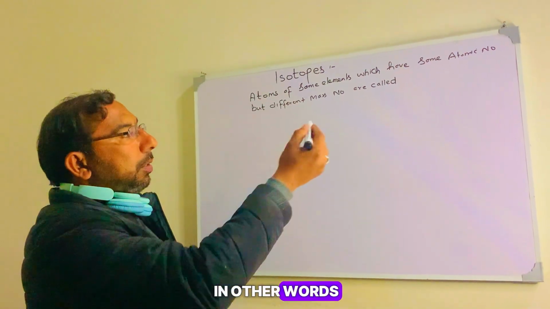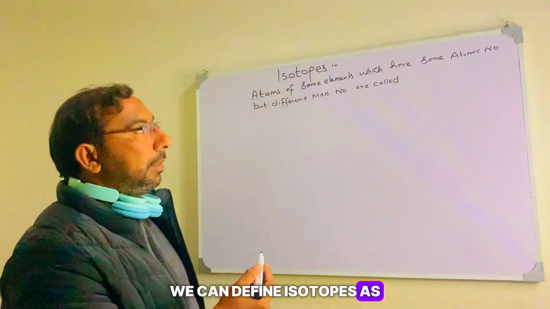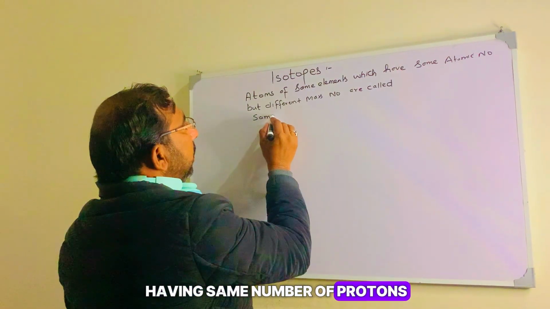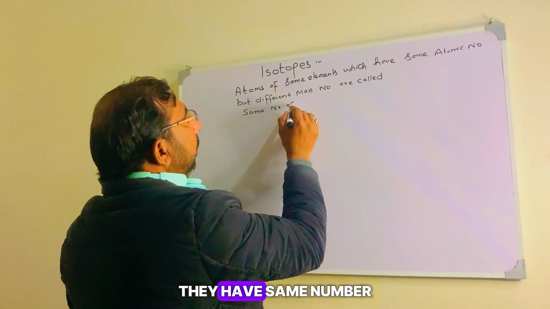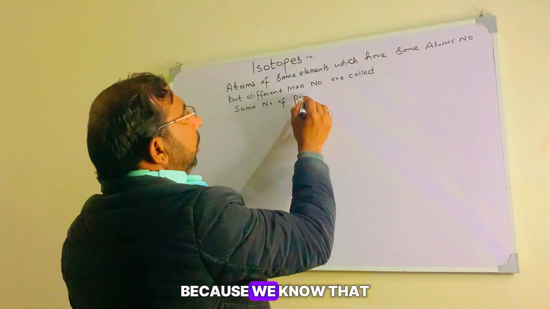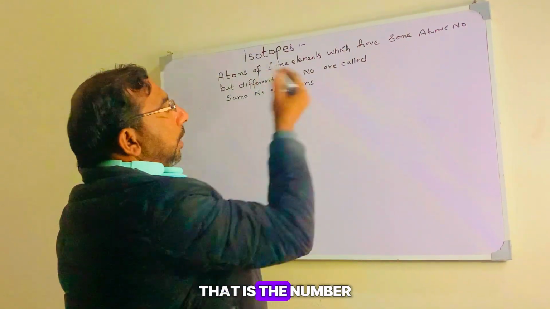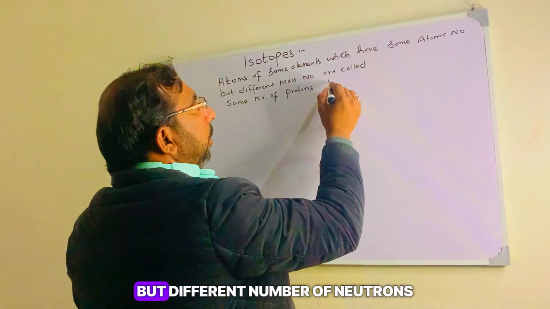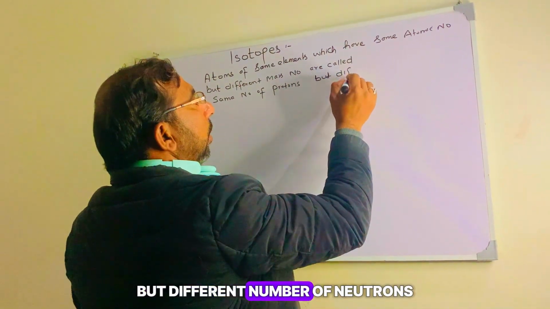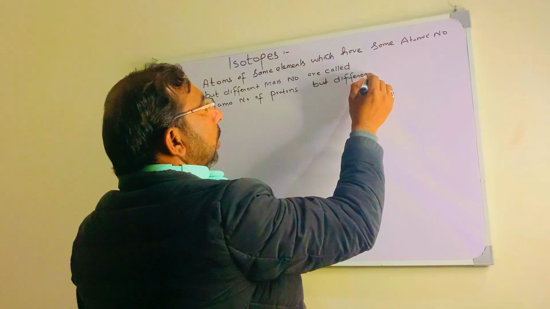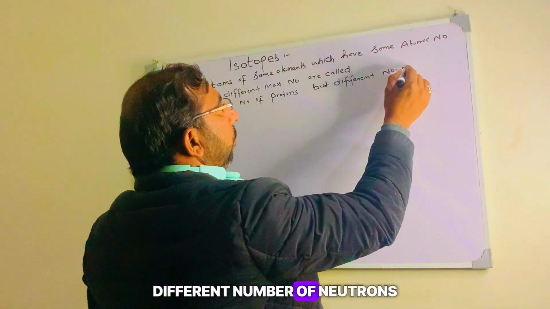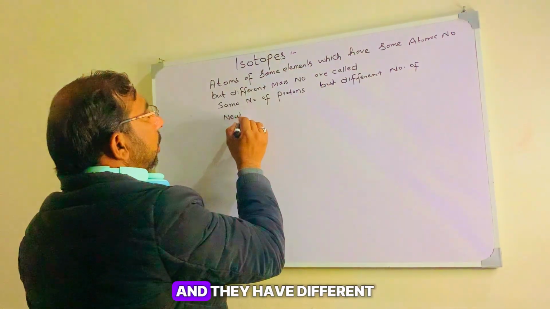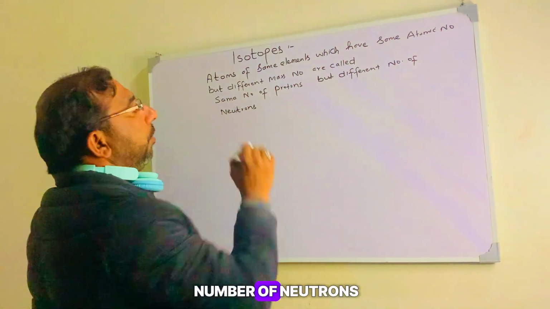In other words, we can define isotopes as atoms having the same number of protons. They have the same number of protons because we know that the atomic number is the number of protons, but they have a different number of neutrons.